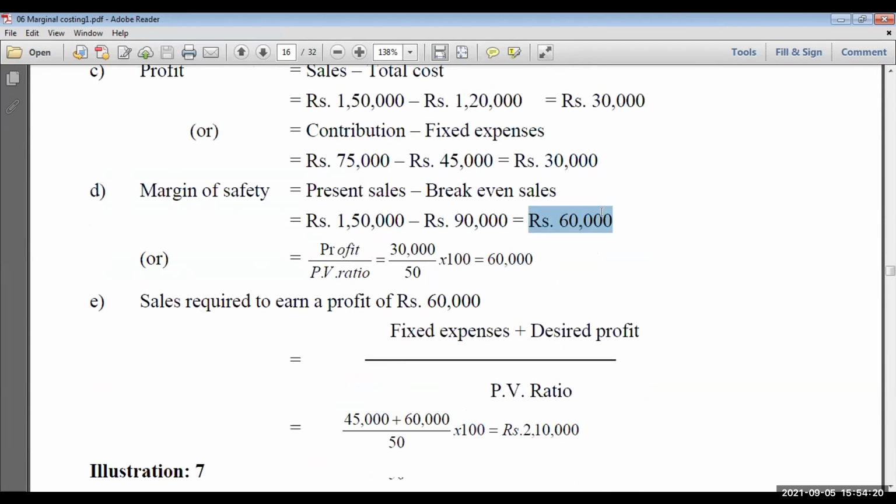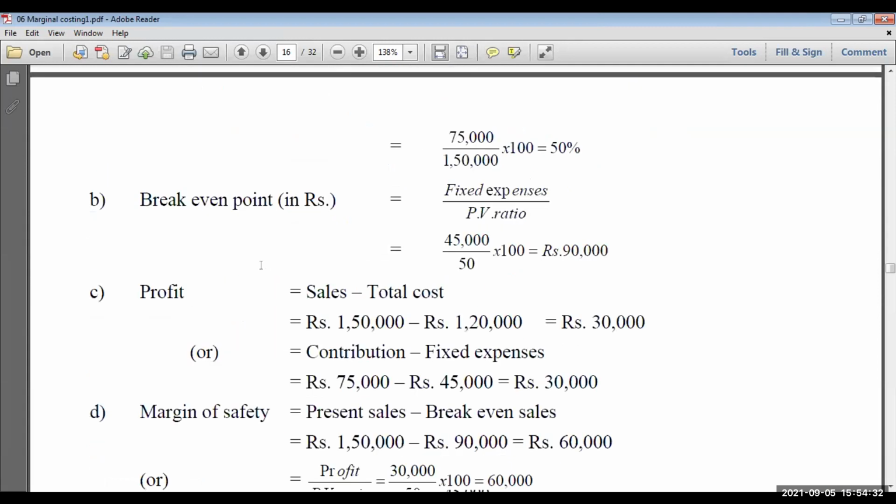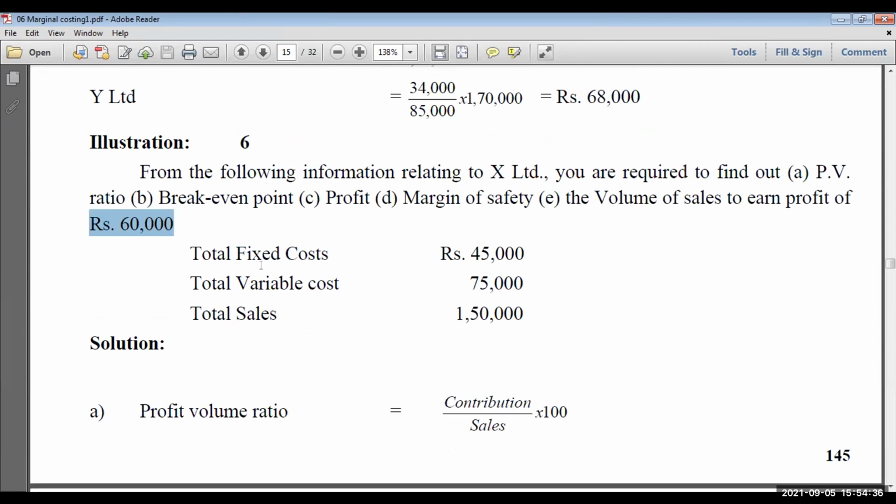The last question is how much I have to sell to earn a profit of 60,000? Please calculate. Anybody got it?